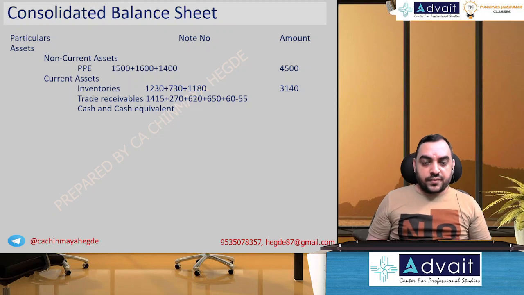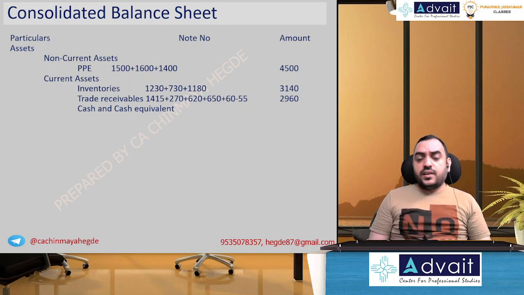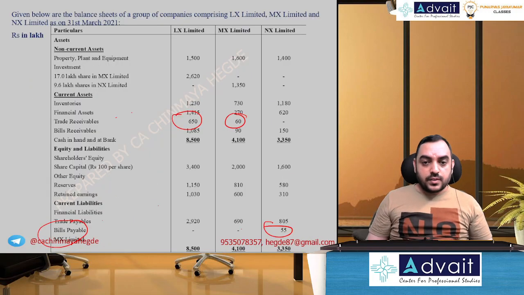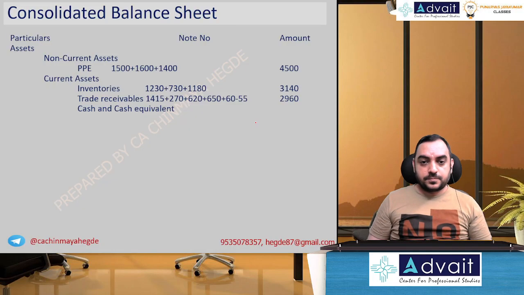So 1415, 270, 620, 650, 60, minus 55. I think 2960. Cash and cash equivalents, simple addition, no adjustments. 1085, 90, 150. 1325.